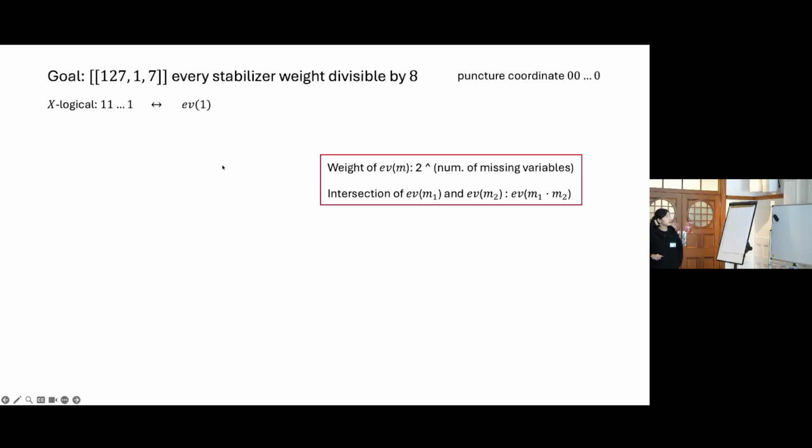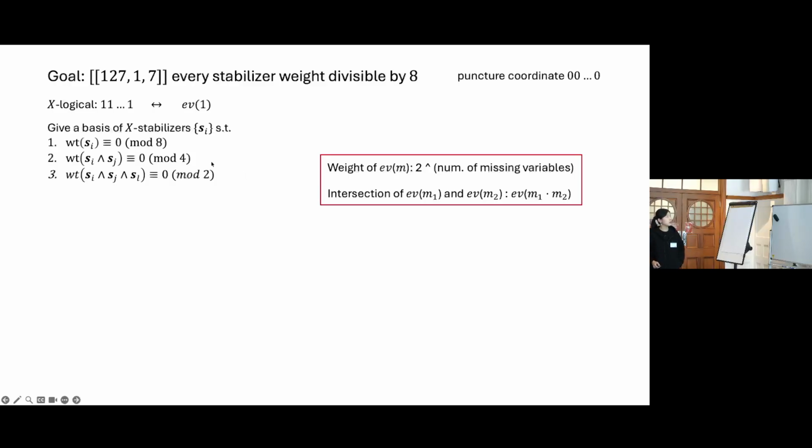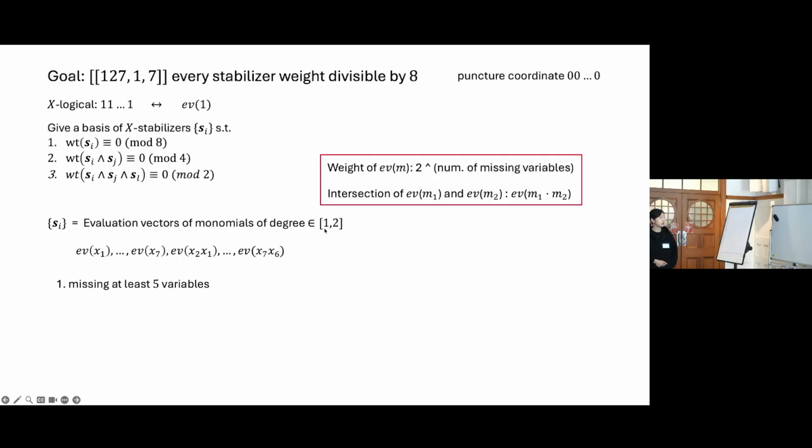Here, again, the X logical is the evaluation of 1, and we need to check this. The basis of this is the evaluation vectors of monomials of degree 1 or 2. Similarly, we can check the constraints. The first one is missing at least 5 variables. For the second, multiplying them gives degree at most 4, so you lack at least 3 variables.